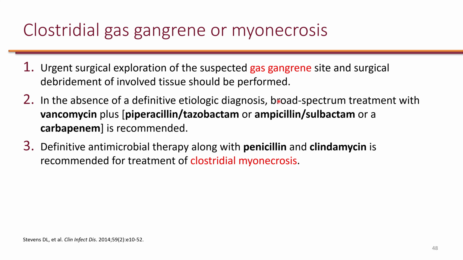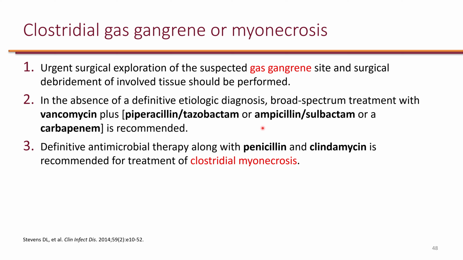And here are recommendations for clostridial gas gangrene or myonecrosis. The difference between necrotizing fasciitis and gas gangrene is essentially that necrotizing fasciitis is driven by streptococci and gas gangrene by clostridial species, so Clostridium perfringens. The recommendation is urgent surgical exploration when gas gangrene is suspected.